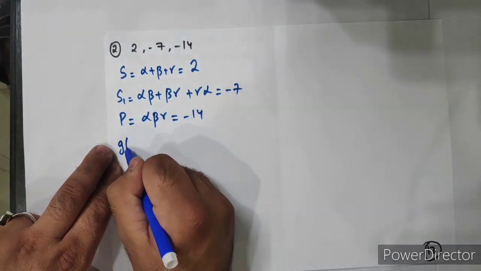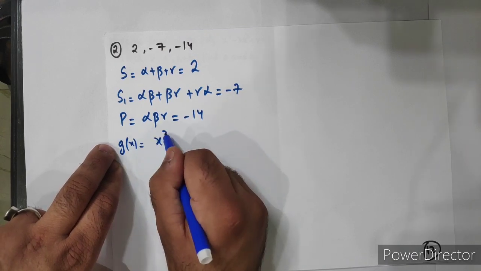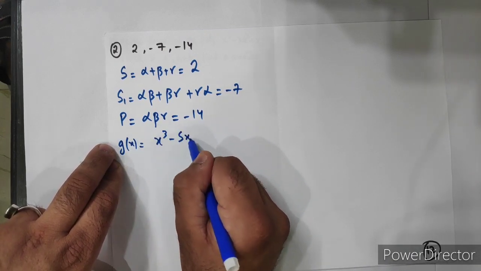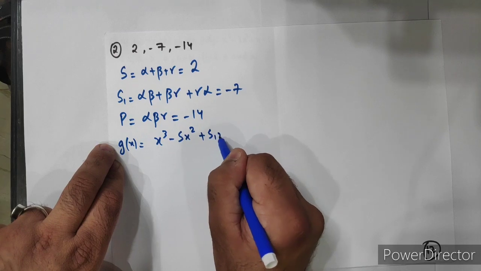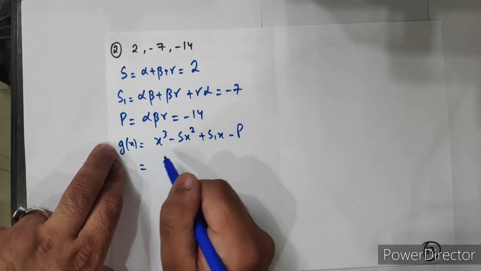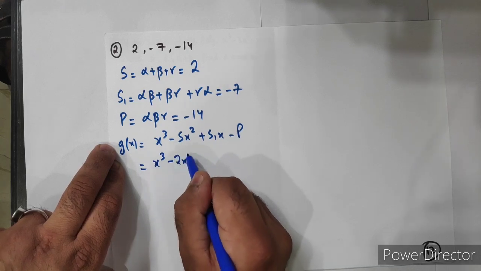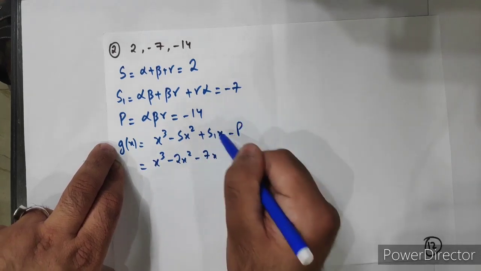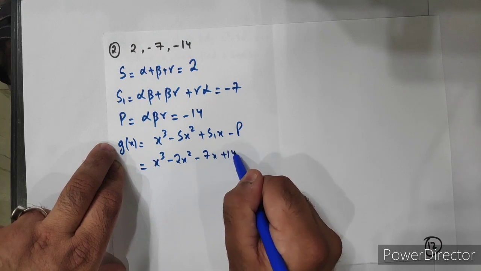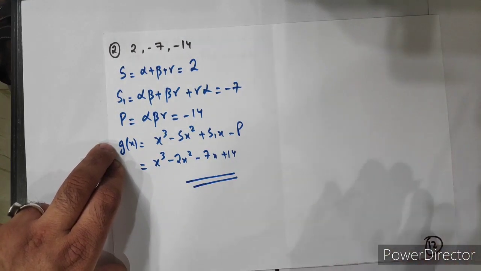So what was the formula for this polynomial? It was x cube minus s x square plus s1 x minus p. So we just have to substitute the values. It will be x cube minus 2x square minus 7x, and plus 14, because minus of minus 14 is plus 14. So this is the required cubic polynomial.